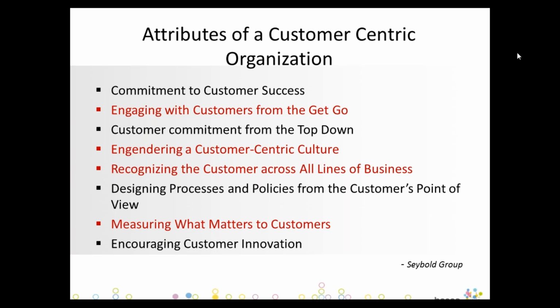And recognizing the customer across all lines of businesses. This is one of the pain points for multiple organizations today who have different SBUs, or strategic business units, with fragmented systems. For them to recognize that customer X for line of business A is the same as customer Y for line of business B becomes difficult.